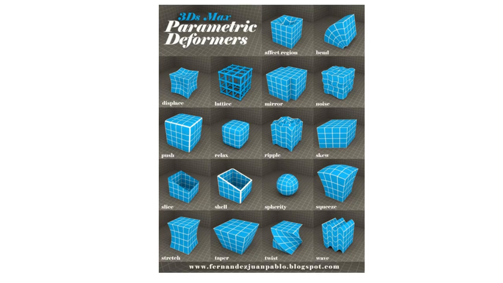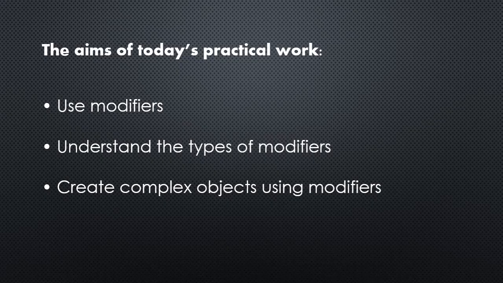Some modifiers will work with maps and materials that are assigned to objects. We will consider other groups of modifiers in the following lessons. And in this lesson, we got acquainted with the concept of modifiers and how to use them.